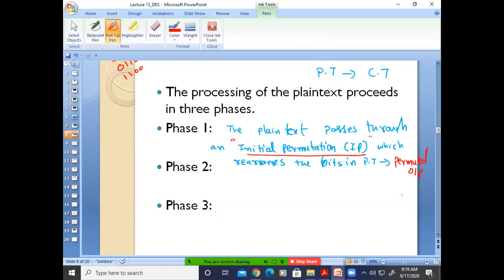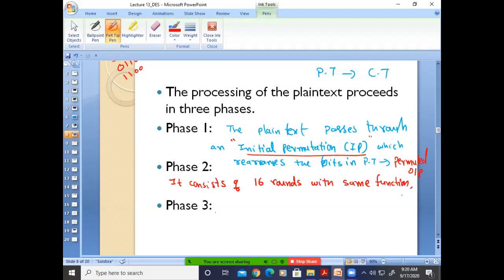In this phase there are 16 rounds with the same function. Remember, the round function is the same, and only the keys vary.